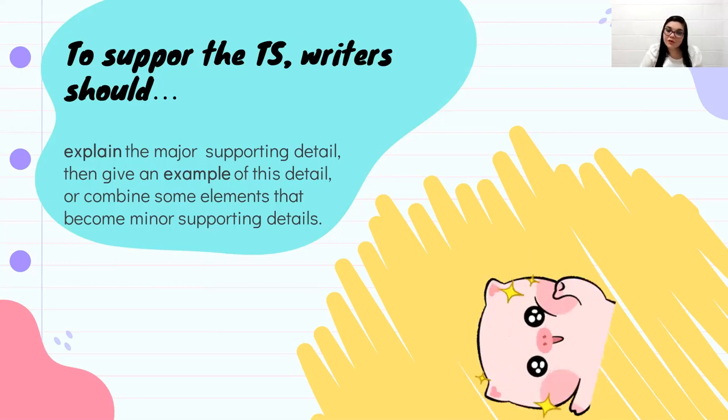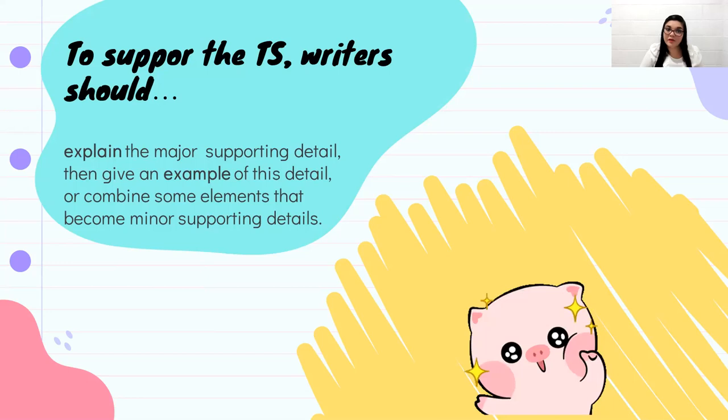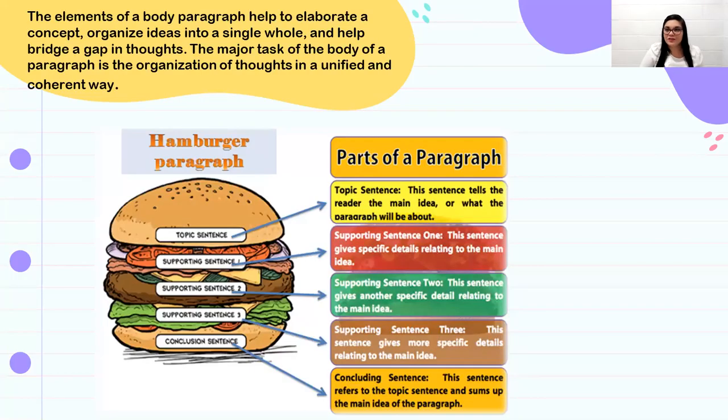To support the topic sentence, writers should, in the body, explain the major supporting details. Give an example of this detail or combine some elements that become minor supporting details. To explain that in a better way, think of it just like this paragraph hamburger. We have here a hamburger that represents the parts of the paragraph.